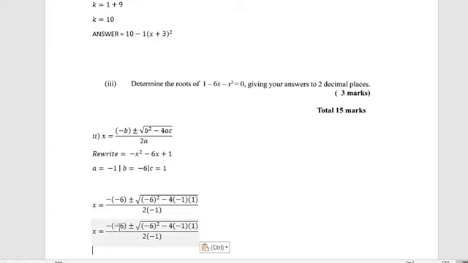So what we know is that a negative times a negative will leave us with a positive number here.